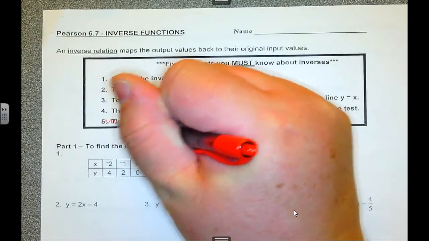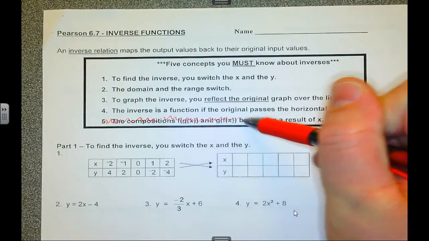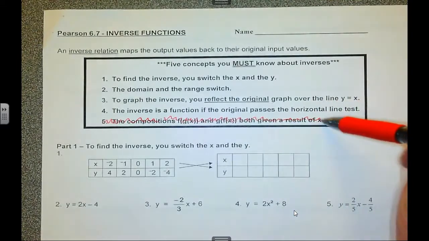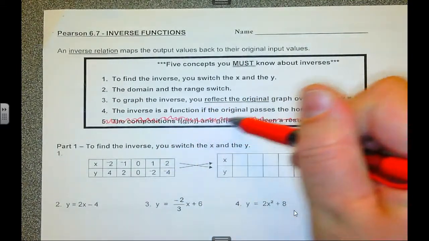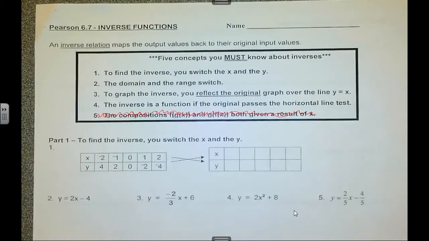We are not going to worry about the compositions, the f of g of x and the g of f of x. Okay? We're not going to do that one, so you can scratch that one out. Okay, step 1, to find the inverse, you switch the x and the y.